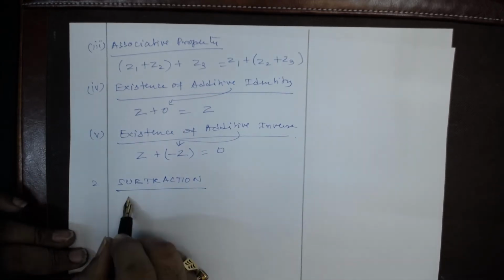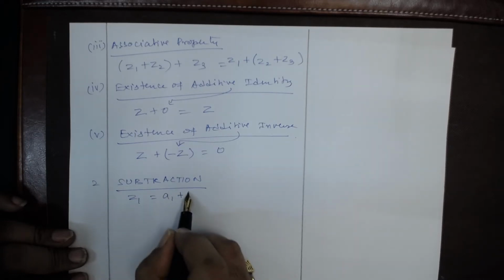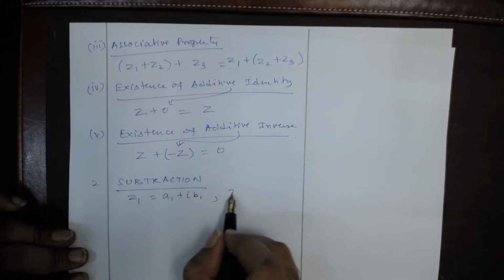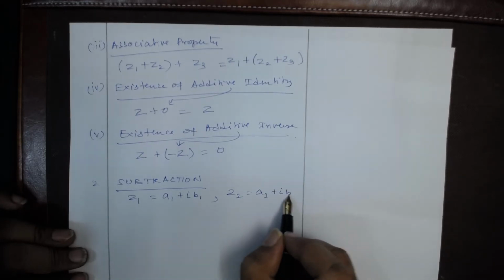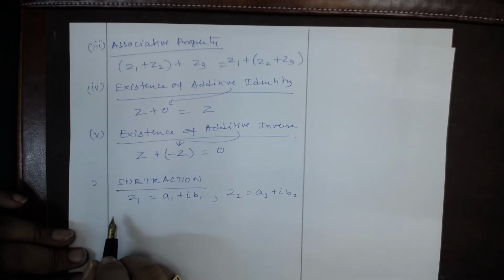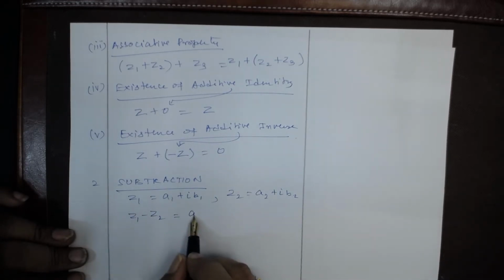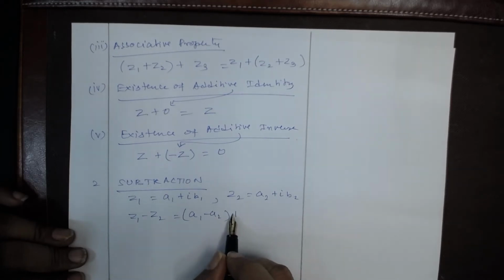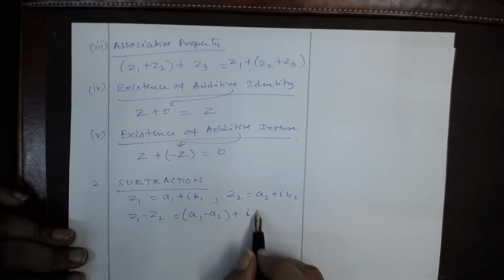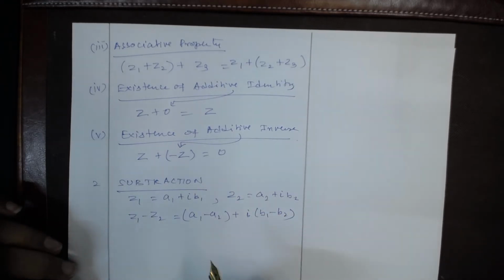Let us have z1, a1 plus ib1, z2, a2 plus ib2. So z1 minus z2 is nothing but a1 minus a2 plus i of b1 minus b2.